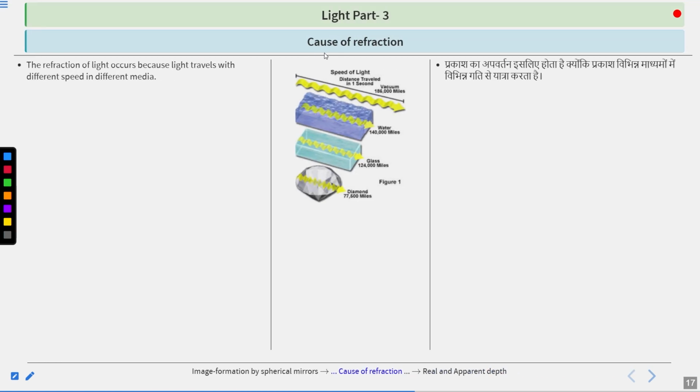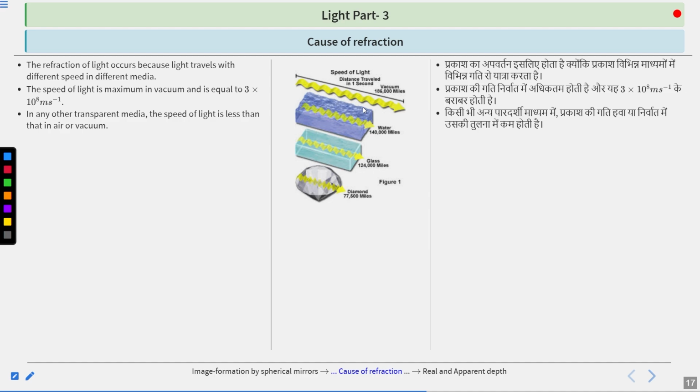Now let's talk about the causes of refraction, why refraction actually happens. The refraction of light occurs because light travels with different speeds in different media. The speed of light is maximum in vacuum and is equal to 3 into 10 power 8 meter second power minus 1. In any other transparent media, the speed of light is less than that in air or vacuum.